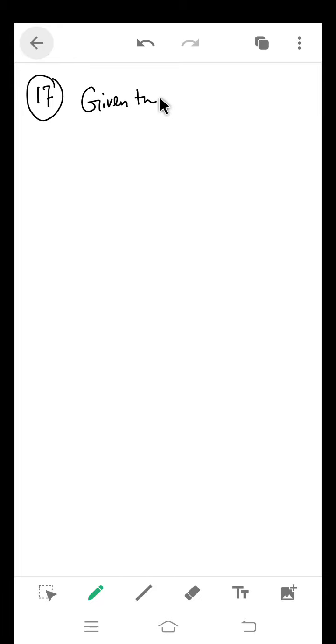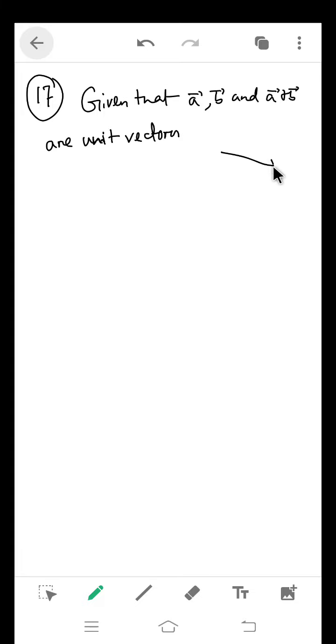Given that A, B and A plus B are unit vectors, and यहाँ वो डायग्राम में लिखा रहता है, also given that theta is the angle between them.